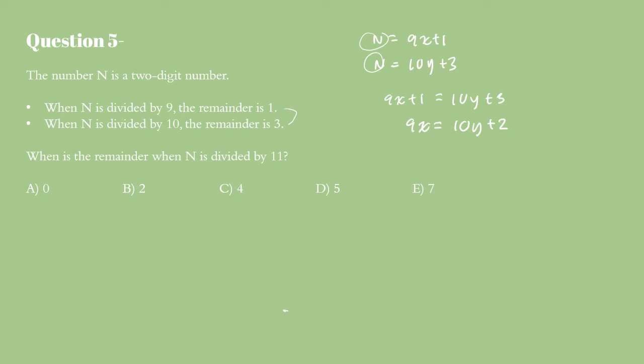I mean, not just for fun, to solve the problem. And we can do this because if we find one value of n that fits both these constraints, the remainder will necessarily be the same for each example of n that we could possibly come up with that fits these constraints.